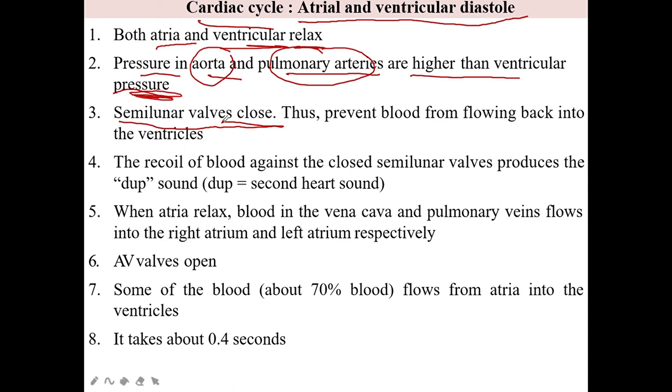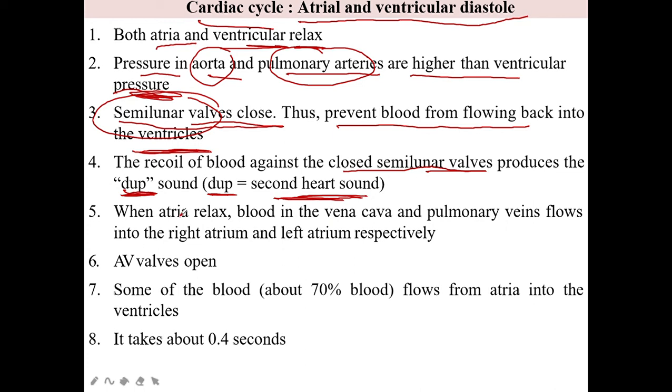Sebab tadi remember ventricle dia sudah pump blood ke aorta dengan pulmonary artery. So untuk prevent the backflow of blood, semilunar valve akan close. So bila semilunar valve close, blood tu dia akan recoil against the closed semilunar valve, so producing the dub sound. Okay, dub ni adalah the second heart sound.